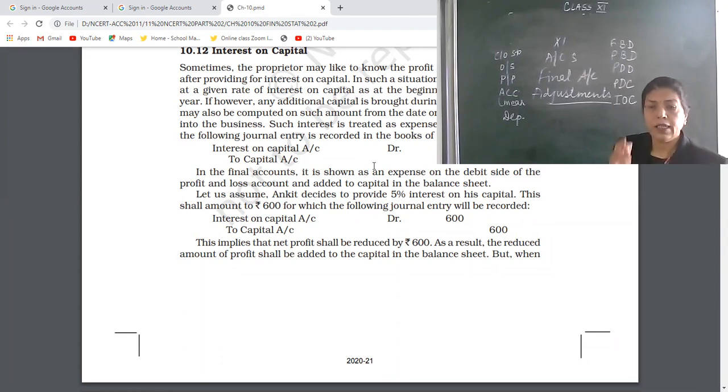And next, interest on capital to be added to capital in the balance sheet, while interest on drawings to be added to drawings in the balance sheet. Okay, so for learning, you can learn it this way. Then last, manager's commission.